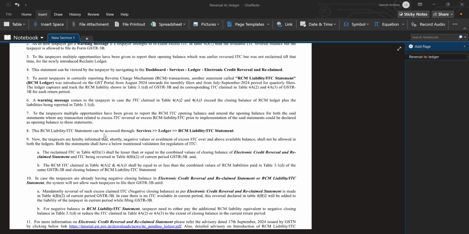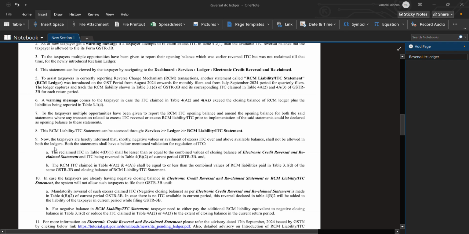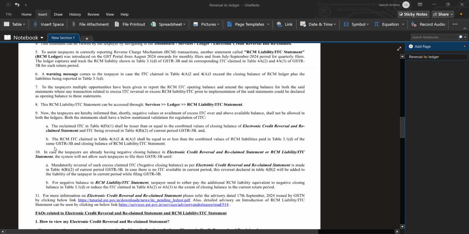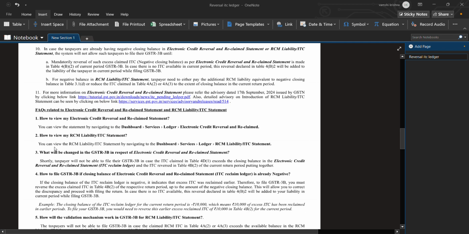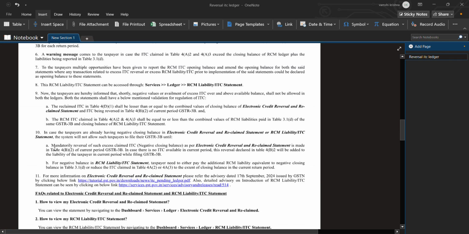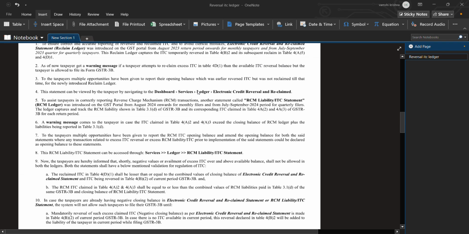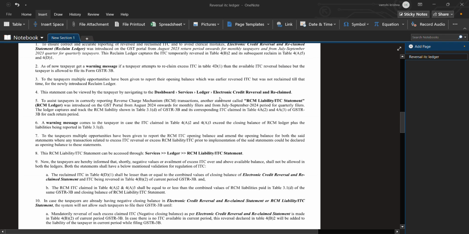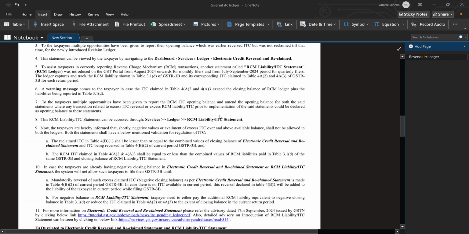I mean, we will not do many changes, and it will mainly avoid clerical mistakes. Let's see the FAQs on that. We can see the same in the services ledger, the RCM liability statement for this one, and the electronic credit reversal and reclaimed status for the reclaimed amount.